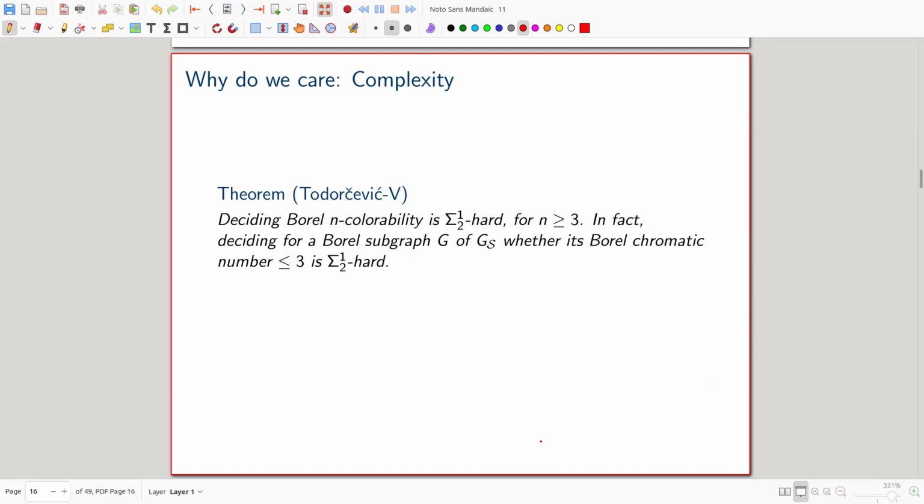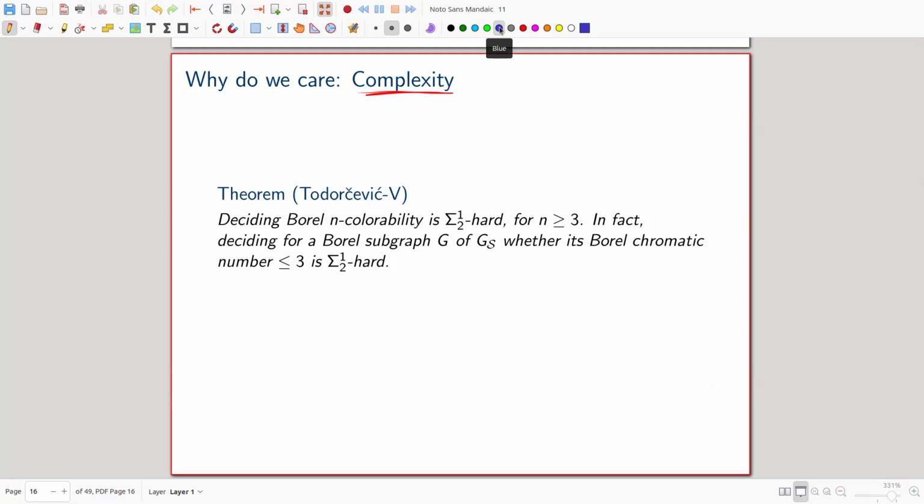Is there a characterization or something like that in this situation? Can we decide the chromatic number in some sense? The descriptive context is really nice because we can make sense of complexity there. So what do I mean? The question is, is it possible to decide the 3 colorability of, say, a Borel graph?